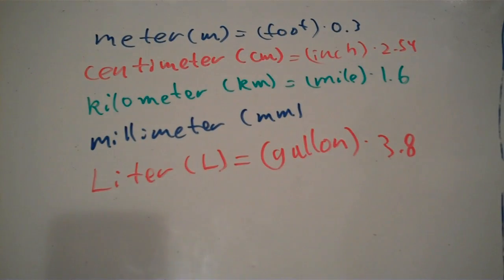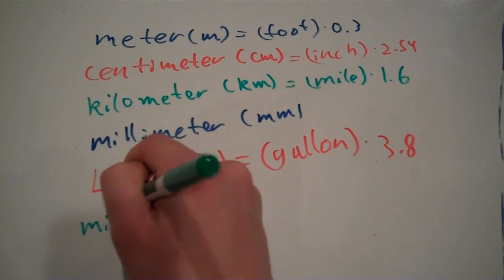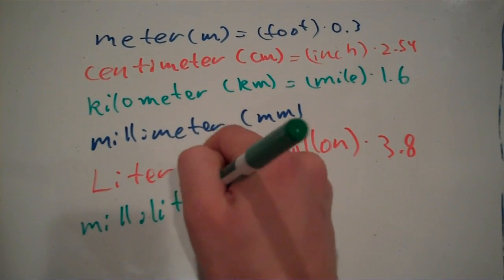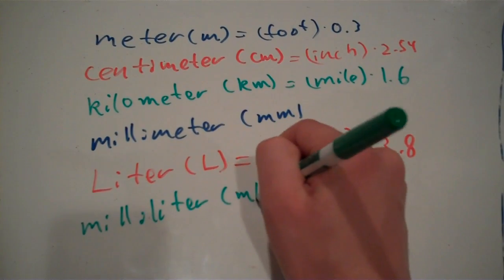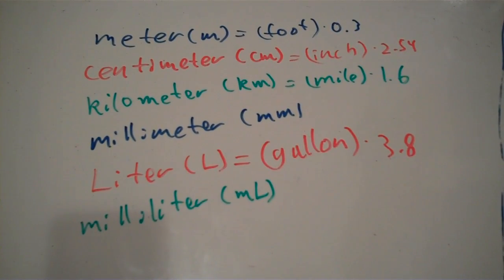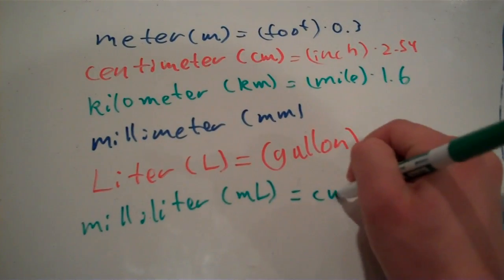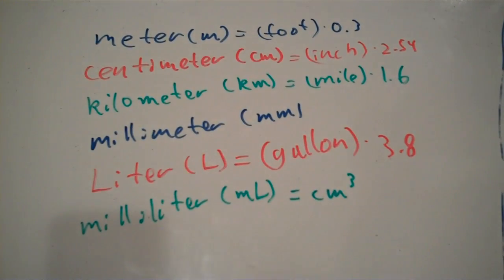Now, volume is also commonly measured in milliliters, abbreviated ml. Milliliters are equivalent to a centimeter cubed, which is more commonly known as a cc. So if you've ever heard that term, now you know what it means.